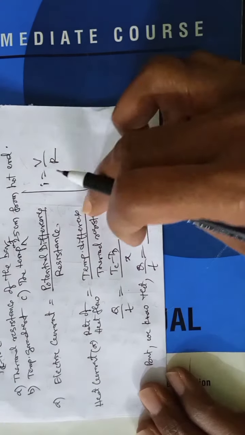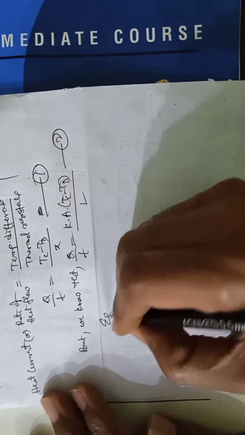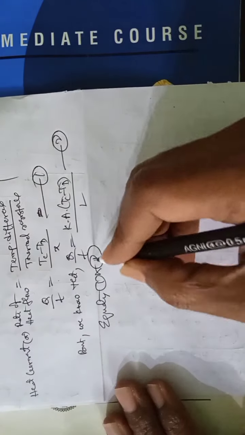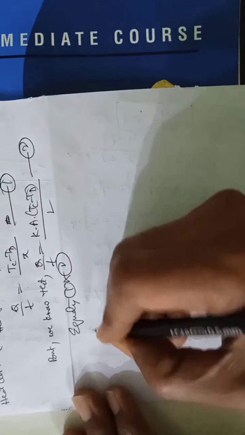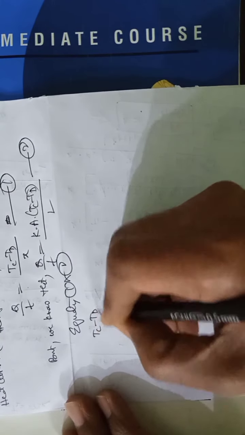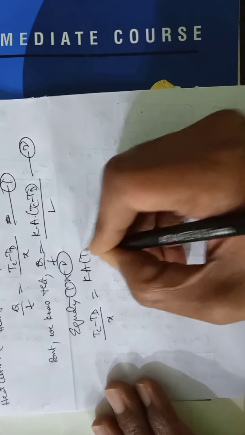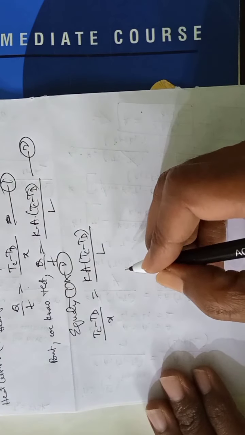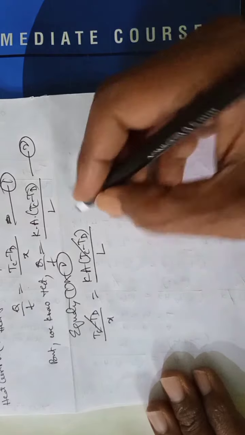Now equating the first and second equations, I can write here Tc minus Td by x is equal to K A Tc minus Td by L. Tc minus Td gets cancelled.